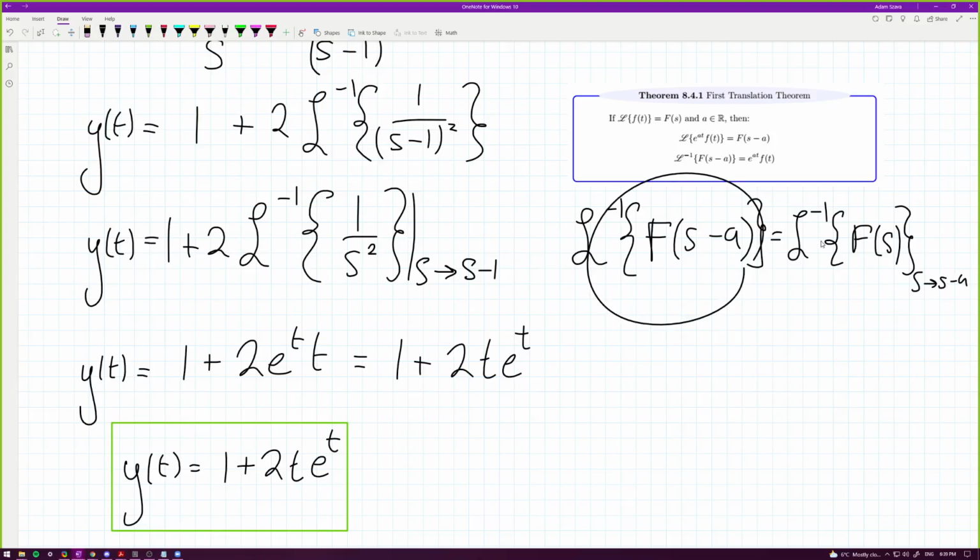It's just a wonky way of writing it. It is e to the at f of t. So you're confusing it with e to the t minus a. It's e to the at, positive at.